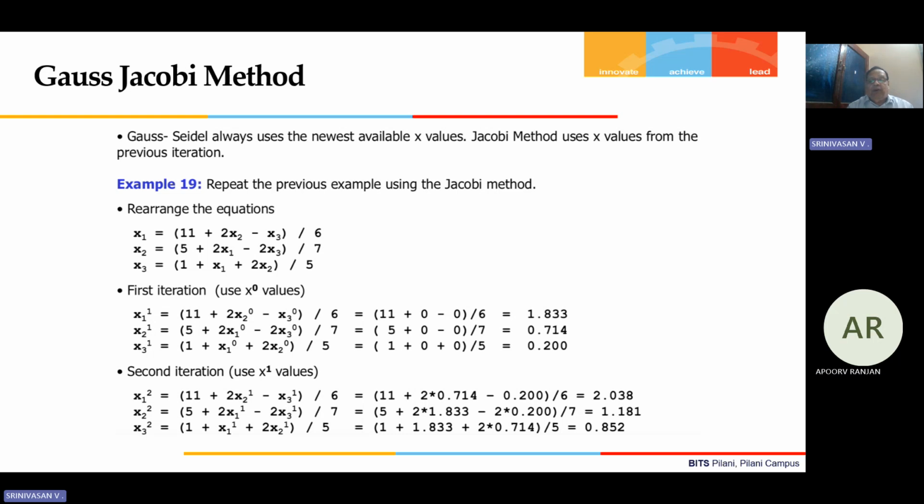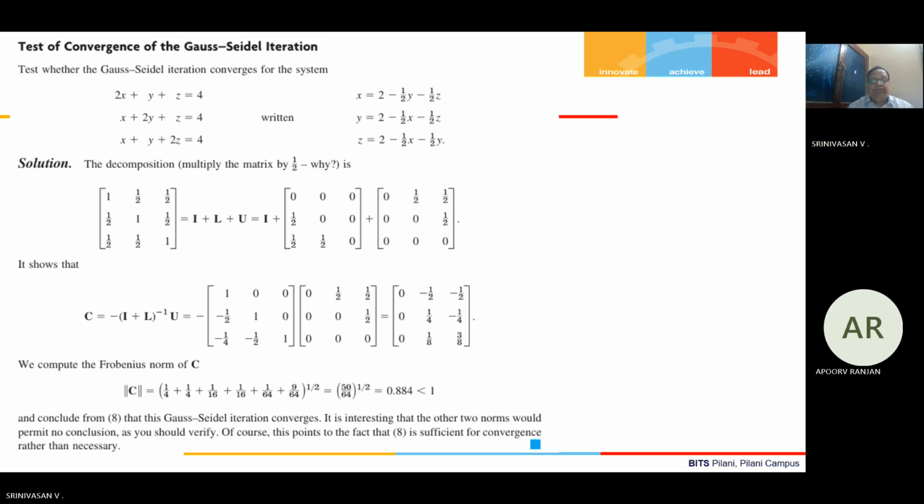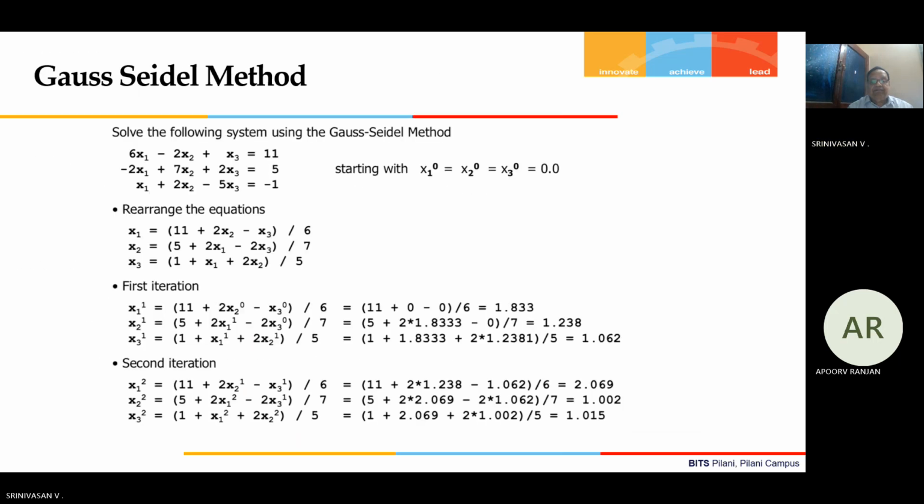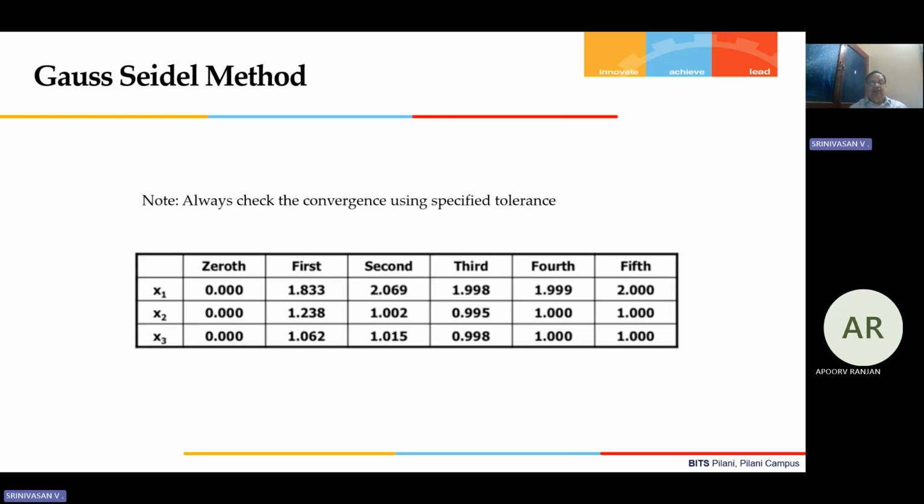Try to remember 1.833, 0.714, 0.2 after the first iteration. Just go back there. In Gauss-Seidel, after the first iteration, it was 1.833, 1.238, 1.062. So this is how the change is occurring.